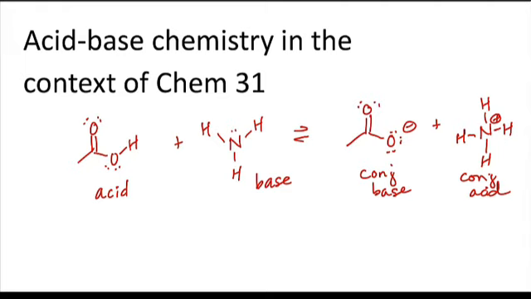So let's go ahead and provide the curved arrows. How are we going to describe this in terms of electron movement? I'm going to look towards my base first, see if I have a lone pair of electrons. I do. It's on nitrogen. The nitrogen is the atom that picks up the proton anyway, so that's exactly what we're going to show here. We form a bond between nitrogen and hydrogen, and then kick the electrons off onto the oxygen atom there.